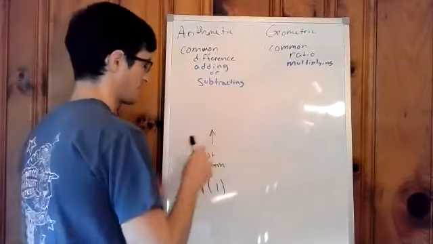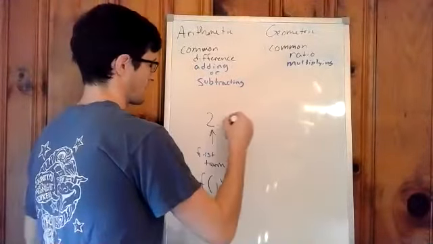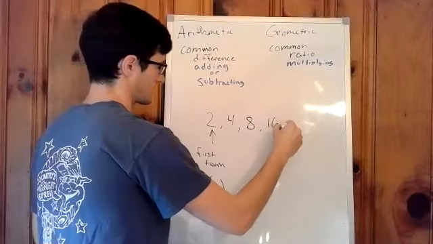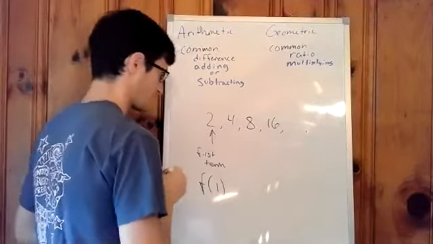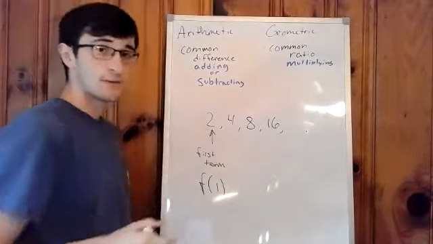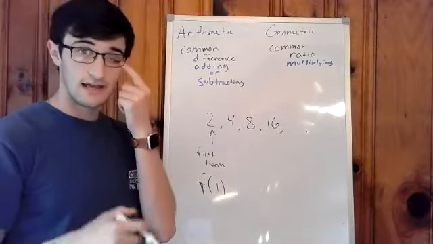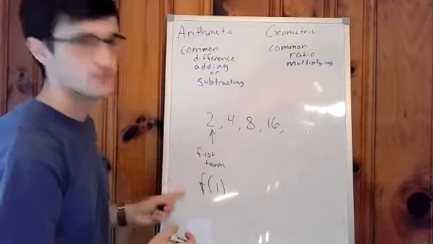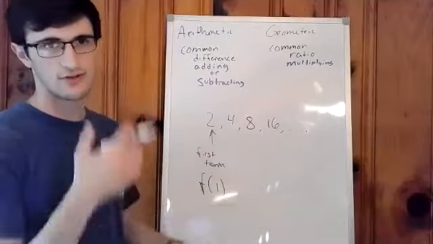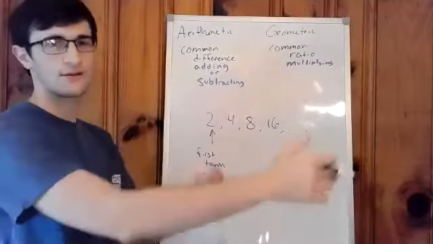All right, so if I have 2, 4, 8, 16, and other stuff. If I have this list of numbers, this line of people, 2 is still my first term, 4 is my second term, 8 is my third, 16 is my fourth, and whatever else is after that.